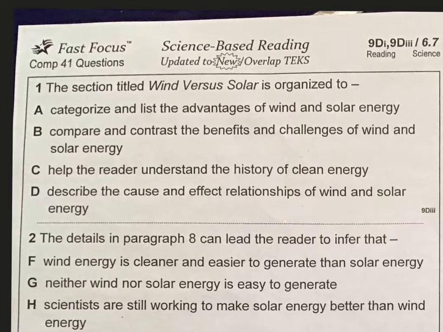Well, I notice that the section that they're talking about is wind versus solar. They're asking me how the author has organized it or how the author has put the material together.